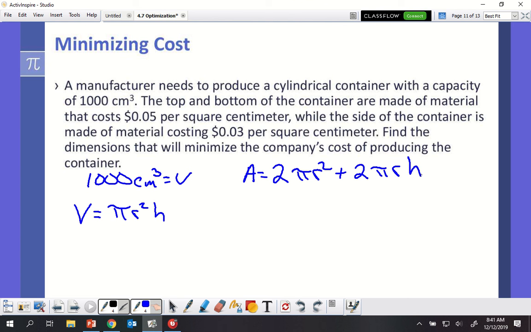Because we're optimizing area, but I have a capacity that is in volume. So I'm going to use this to substitute into here. I know my volume is 1,000, so it'd be 1,000 divided by pi r squared is equal to h.